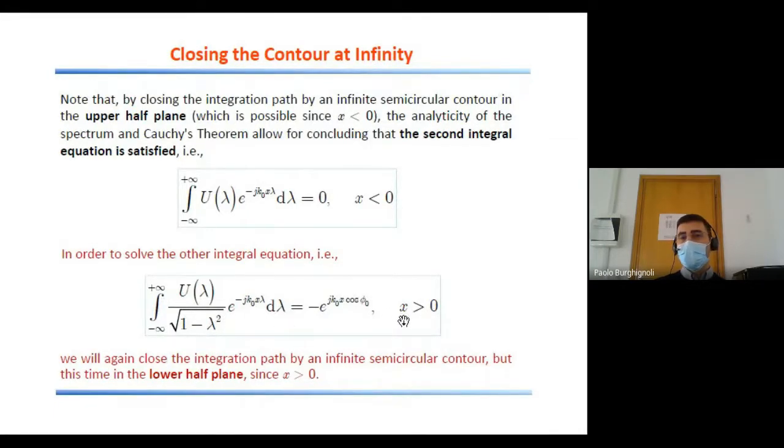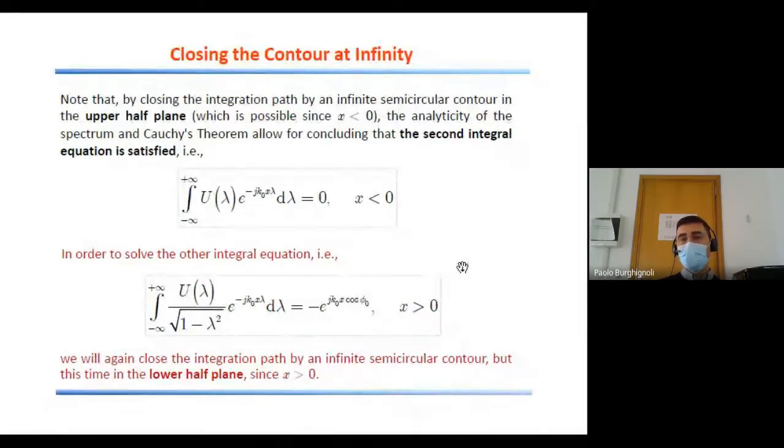And for the lower half plane here, the integral equation behaves well, it goes to 0 at infinity. So we may now run on the entire real axis with this semicircular contour that has an infinite radius. The contribution of this semicircular contour will be equal to 0 because the exponential goes to 0 at infinity in the lower half plane. Why is it useful to close the contour?